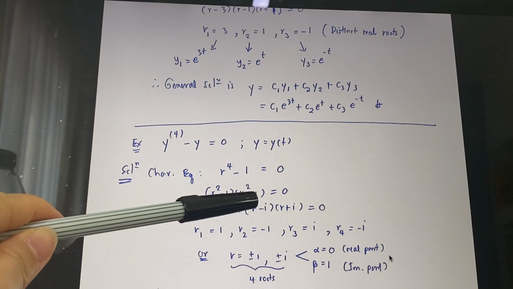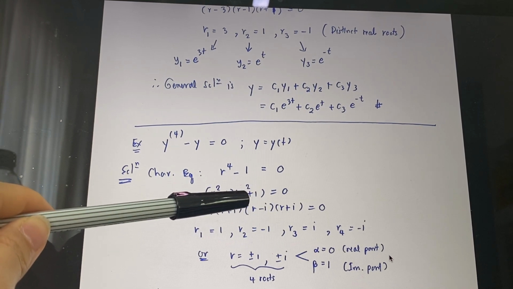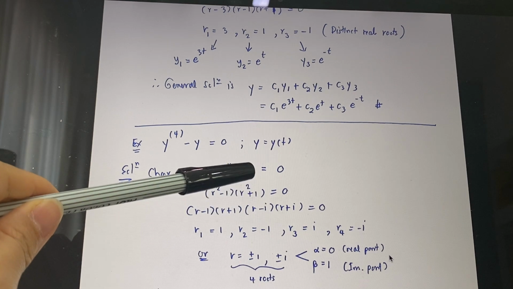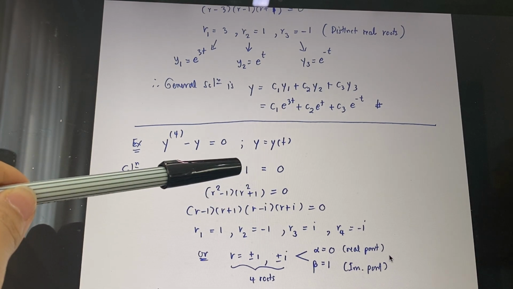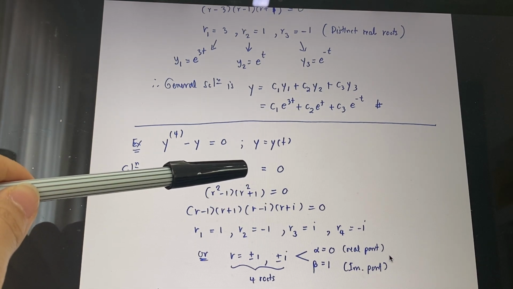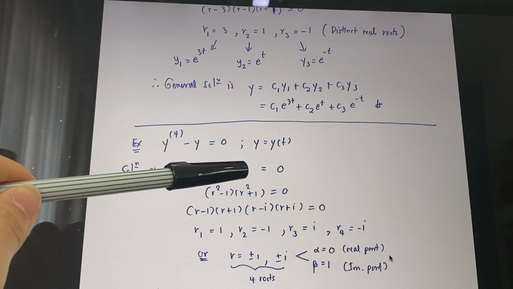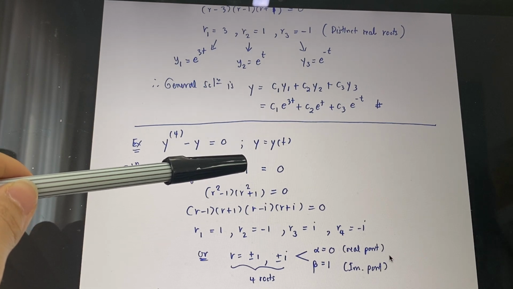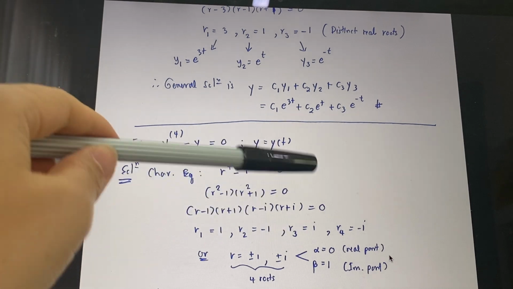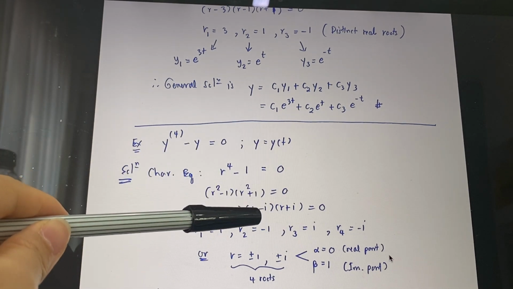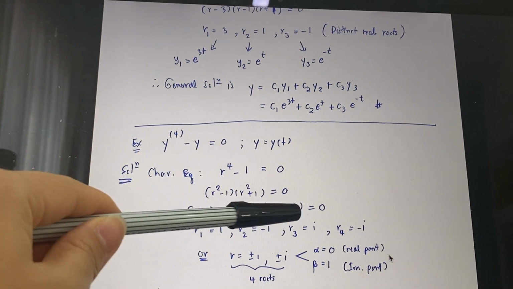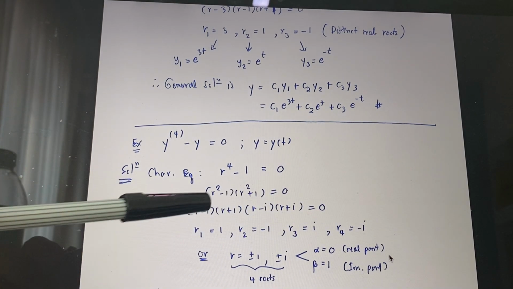And for this one, it's actually r squared minus, right, minus i squared, because i is the square root of negative 1, right? So we can break this down to be r minus i and r plus i. You set it equal to 0.